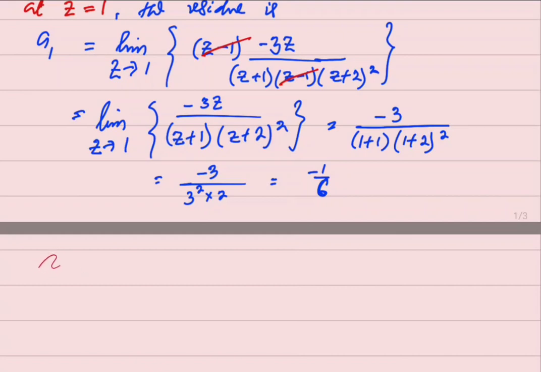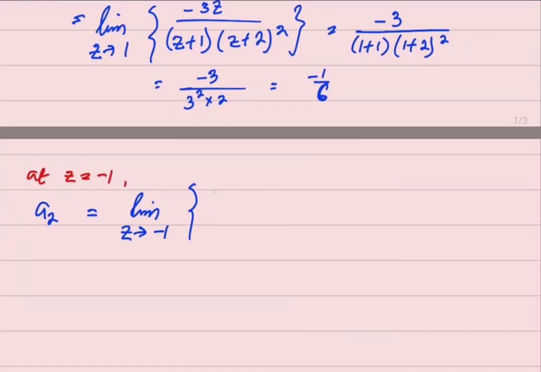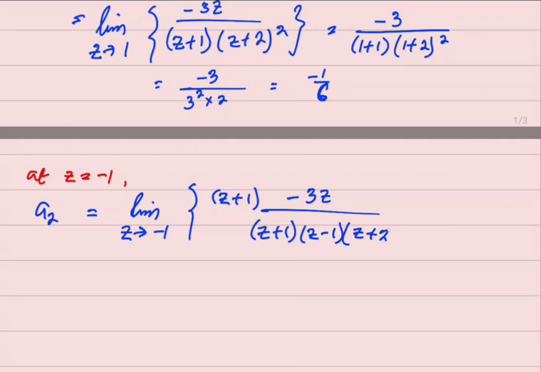Again, we find the residue at z is equal to minus 1. So the residue A2 would be the limit as z goes to minus 1, then into z plus 1, then minus 3z divided by z plus 1, z minus 1, then z plus 2, everything squared. From there we have some cancellations.